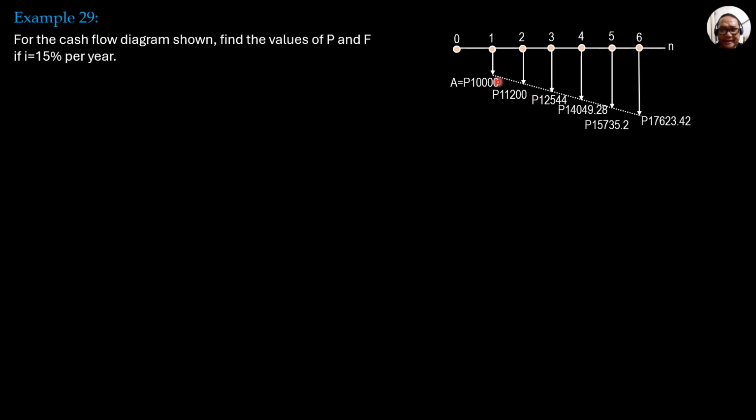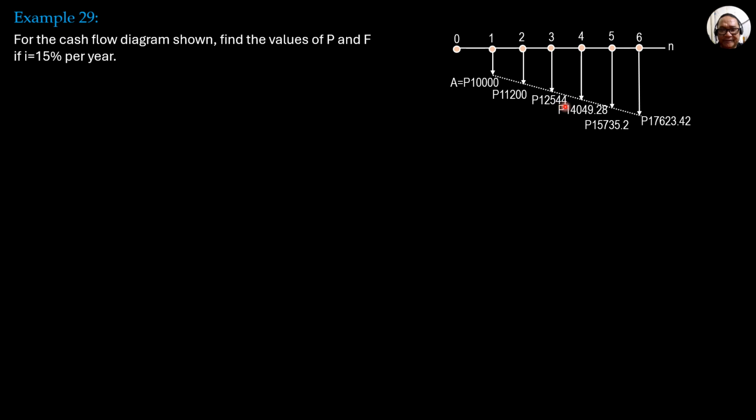So A, then 1.12, 10,000 times 1.12 is 11,200. Then 10,000 times 1.12 square is 12,544, or the other way is 11,200 times 1.12 is 12,544.